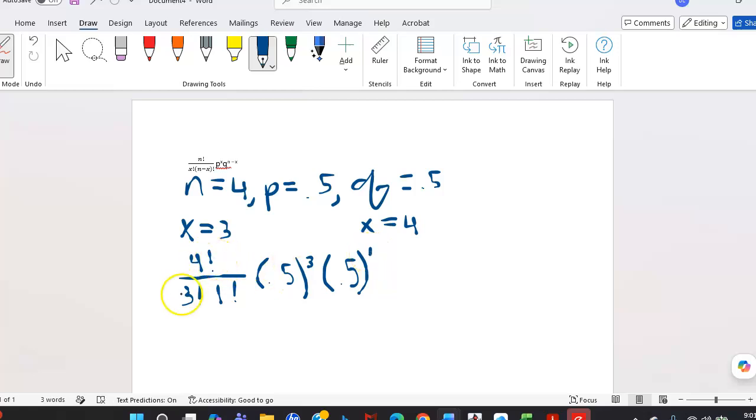All right, now let's just remember right here that 4 factorial means 4 times 3 times 2 times 1. And 3 factorial means 3 times 2 times 1.